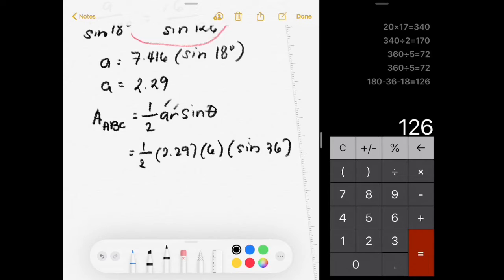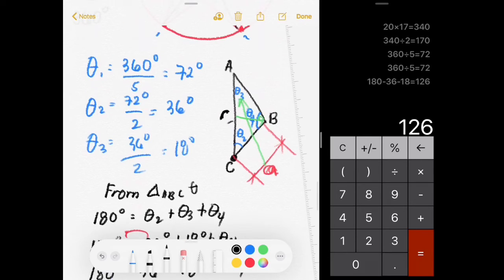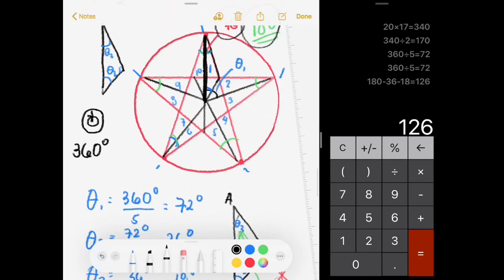Solving for that, sine 36 is equals to 0.5877 times 6 times 2.29 times 1/2 or divide 2 natin. So, makakuha ka ng 4.038. Since meron ka ng area ng isang panel, times 10 mo na lang siya.